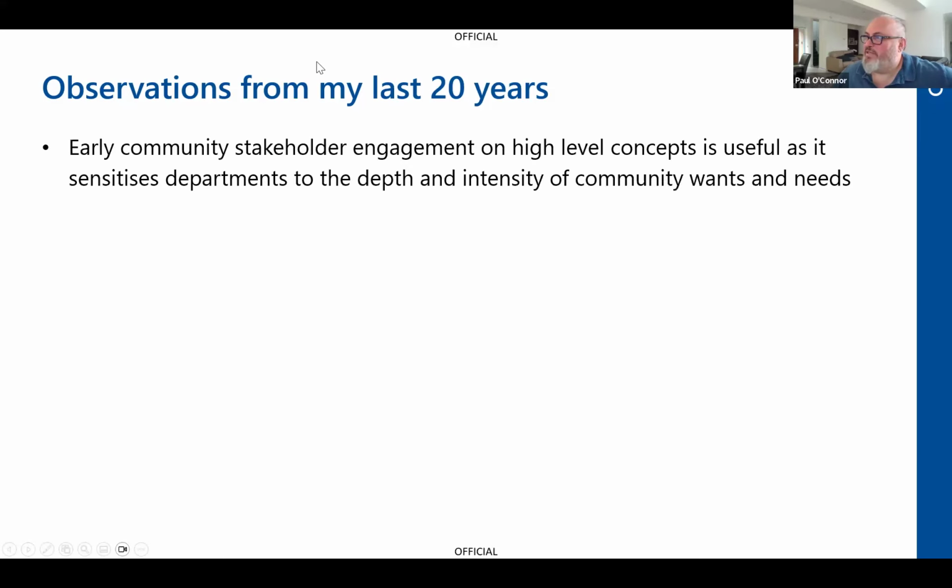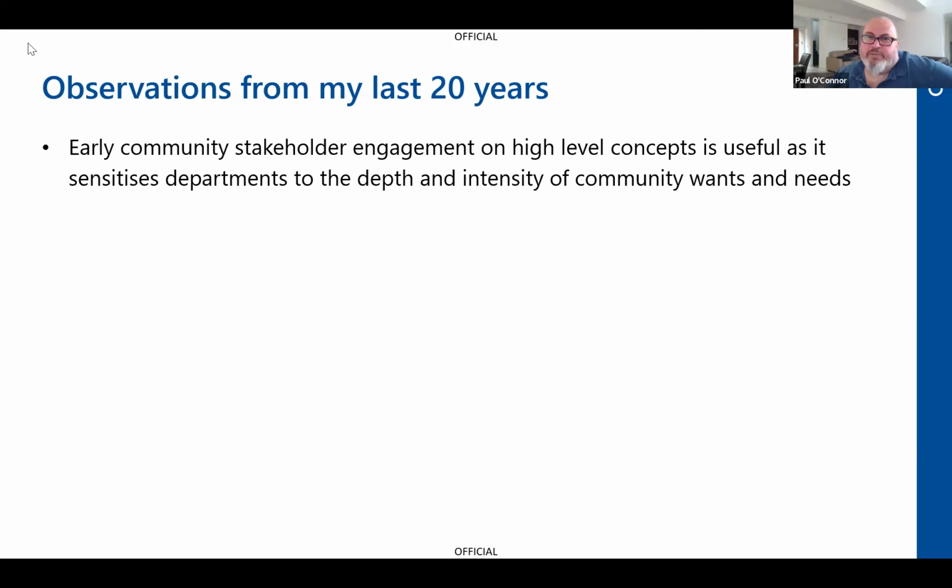But my observations, having looked at these projects for quite a long time, are that early community engagement on the high level concepts is really useful.